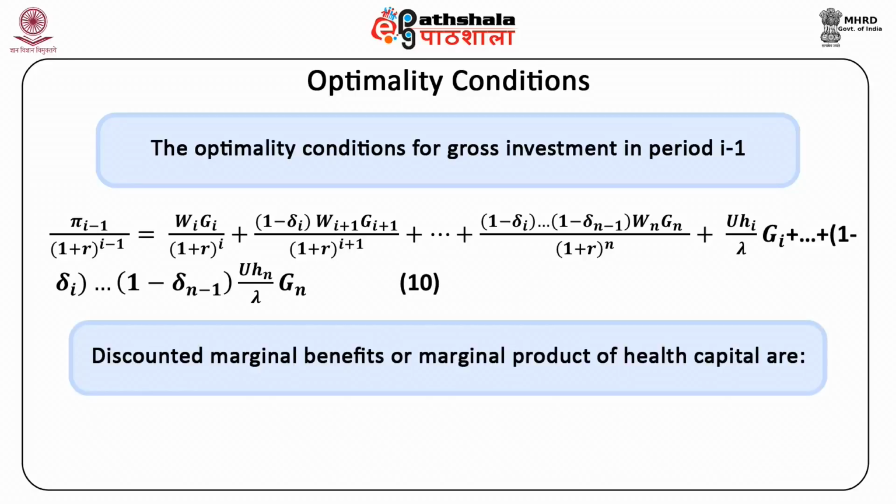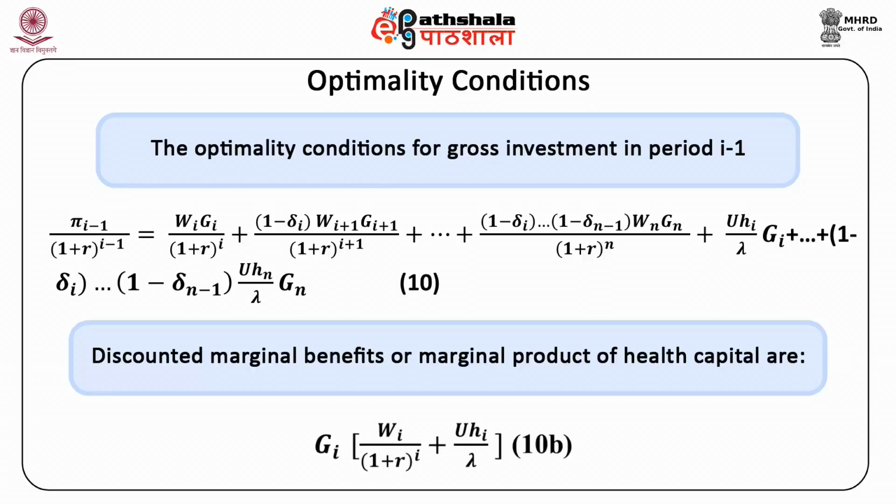The discounted marginal benefits or marginal product of health capital are Gi into Wi upon (1 plus R) raised to the power i plus Uhi upon lambda, equation 10b.